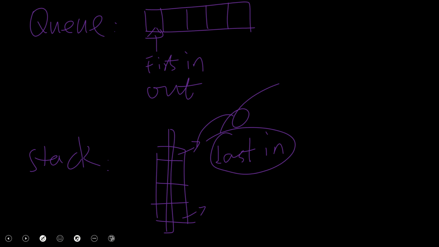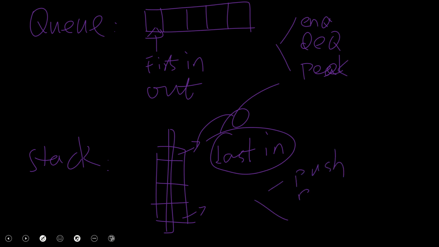So we talk about three different operations for the queue and the stack. For the queue it's enqueue, dequeue and peek. For the stack, we have push, pop and peek.